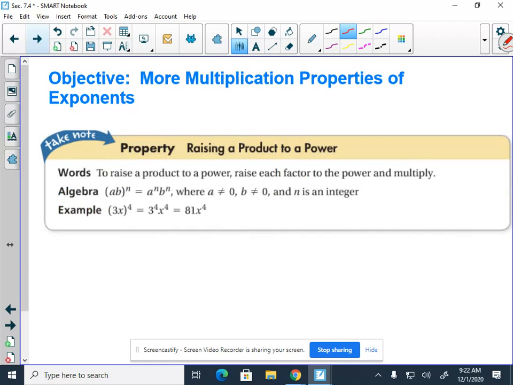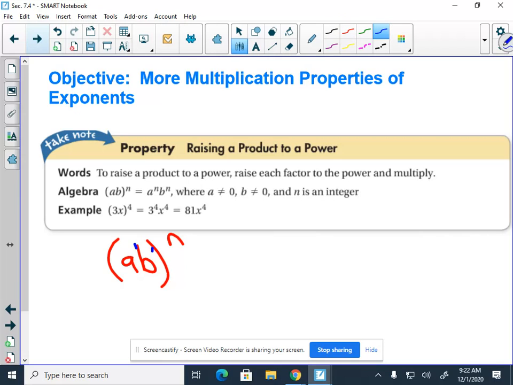All right, next. Another property today. Raising a product to a power. What does a product mean? A product means you multiply. So for example, I have ab in here and it's raised to the n. Remember, the a has a 1 on it, the b has a 1 on it.